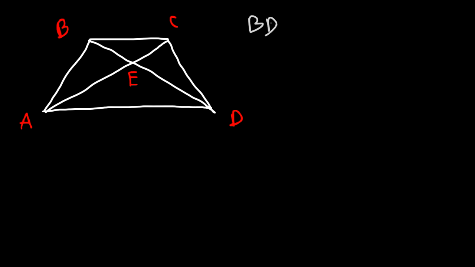So let's use the same letters. And let's draw the same diagonals. And let's call this E. So in this problem, BD is equal to 18. And EC is equal to 2x minus 4.